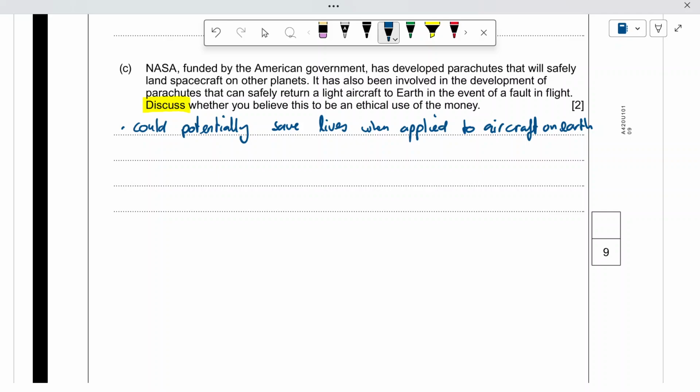The counter argument to that is that money spent researching landing on other planets is a lot of money typically. Landing on other planets costs a lot. And arguably that large sum of money could save even more lives if used for example, for mosquito nets or something like that.